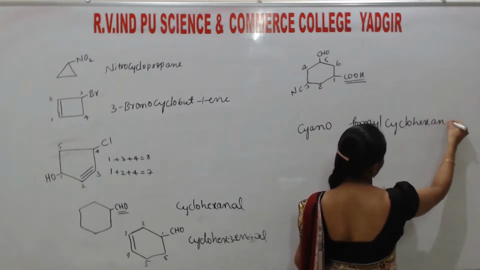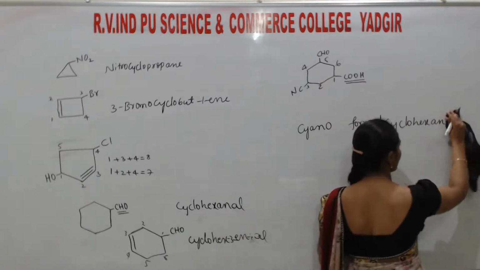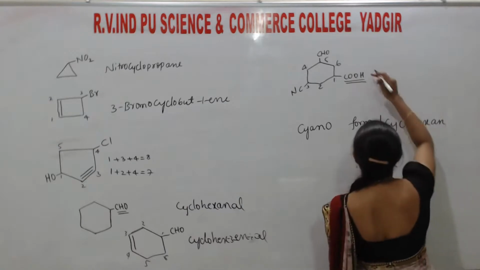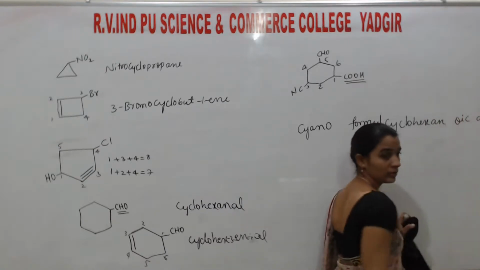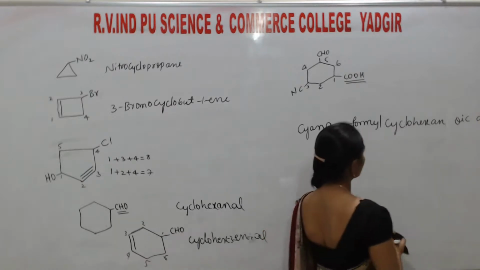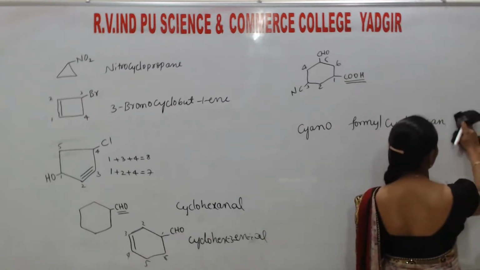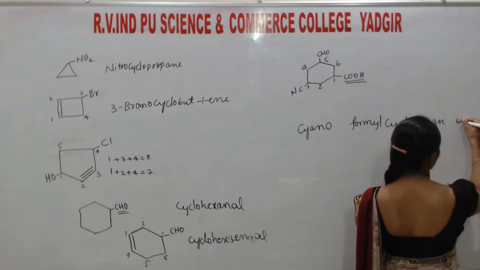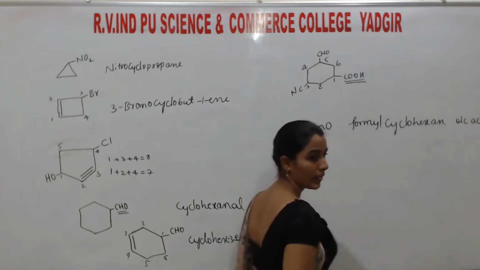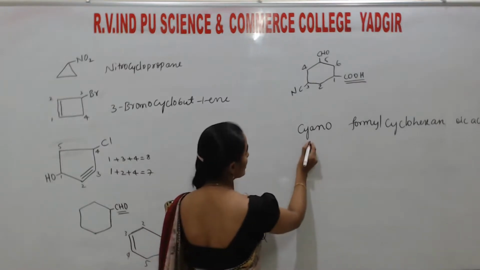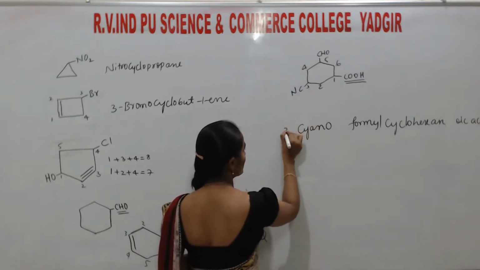cyclohexane. The last E is replaced by what? This functional group, that is -oic acid. Next, the position of cyano is 3.